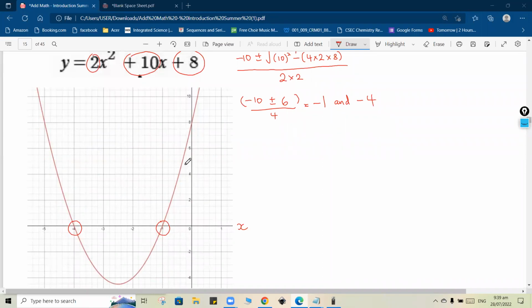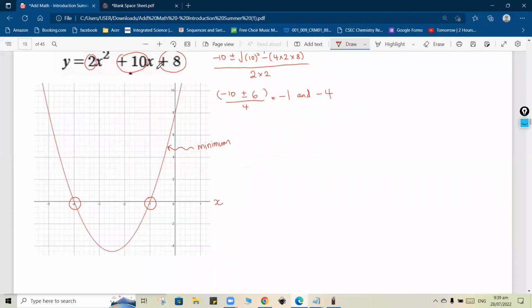Quick question. What kind of graph is this? Is this a maximum or a minimum? Well, look back in the notes. This is definitely a minimum, right? The smiley face. Now, a smiley face graph doesn't really have a highest point, right?